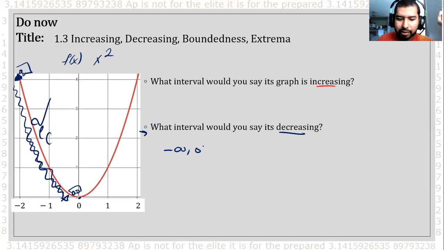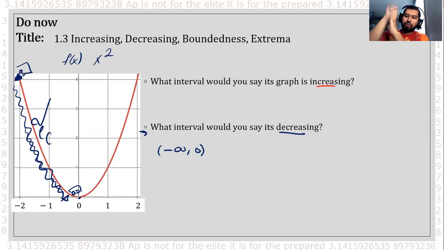You can put parentheses or brackets on the 0. To me, it really doesn't matter. But the one that does matter is infinity. That one always has a parenthesis. You might be wondering why. This has a little to do with the way you look at it in physics. If I throw a ball up in the air, it goes up, up, up, and then there's a point where it pauses and then goes back down, because of gravity.